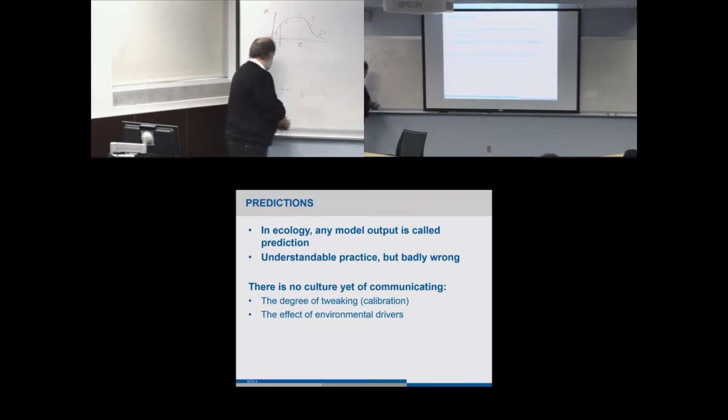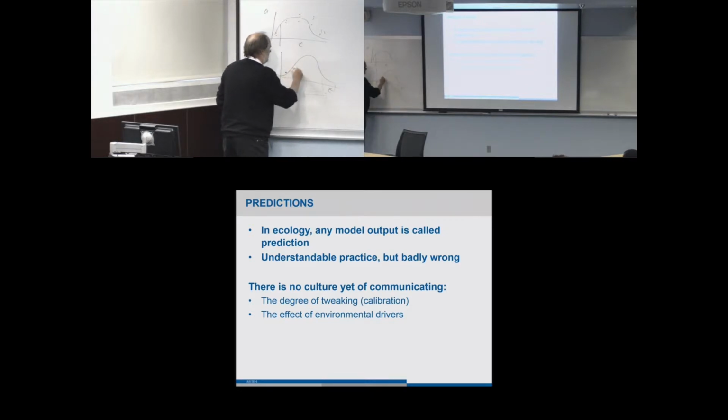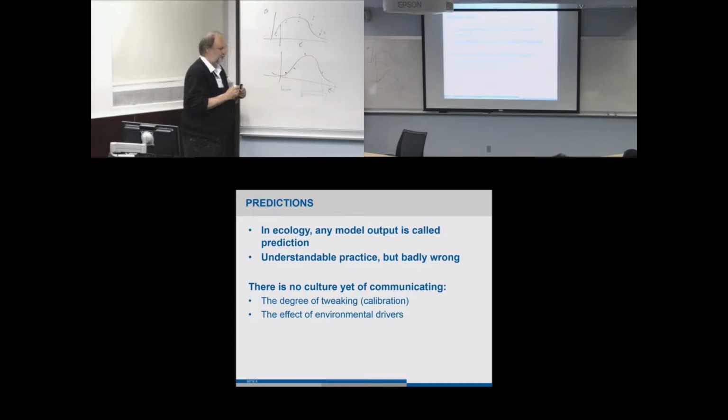I had one case where people developed a honeybee colony model and showed, in the course of a year, this is what the model predicts. The colony size starts in January, grows in summer, and they have a data value here, a data value here, and say, hooray! The model is perfect, it's very realistic.